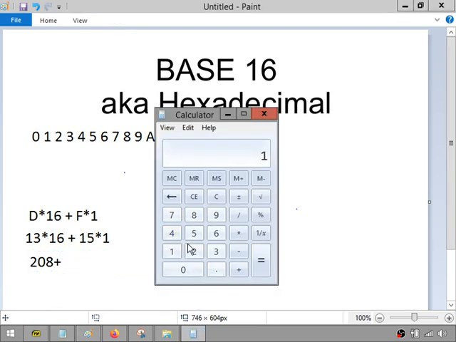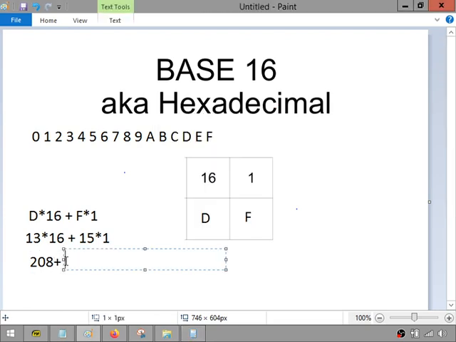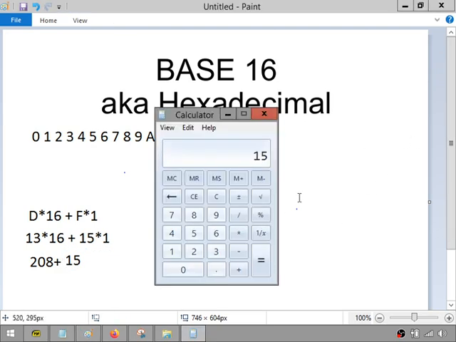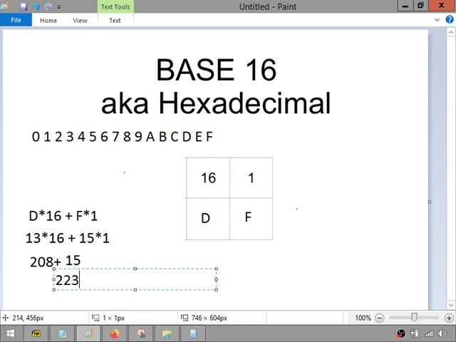And 15 times 1, 15. Oh, I must be tired if I'm having to type 15 times 1 into a calculator. And let's add those two together, which is 223.